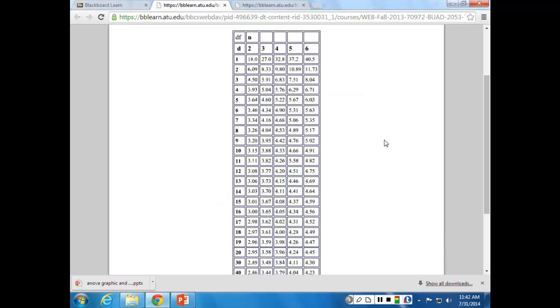So here's the Q table. It works just like the F table, except we have 3 degrees of freedom in the numerator and 12. So that's 3.77.